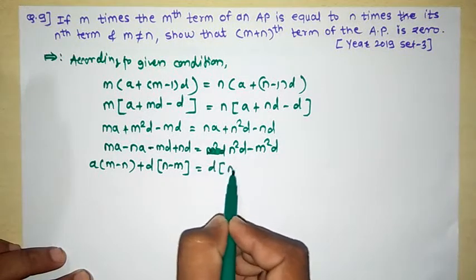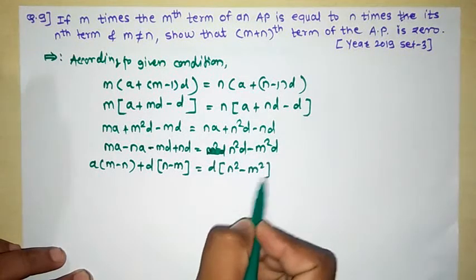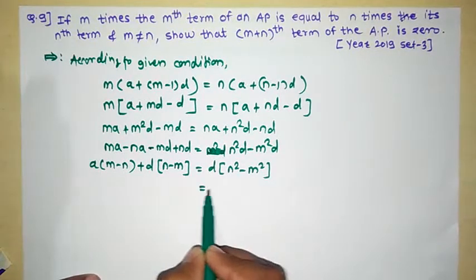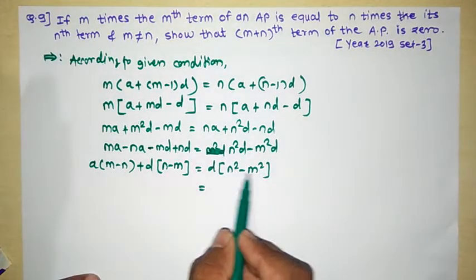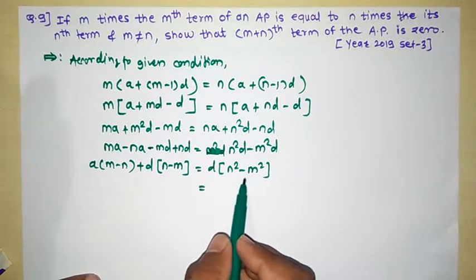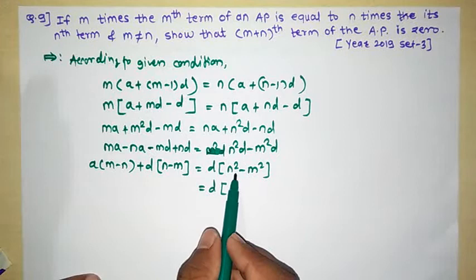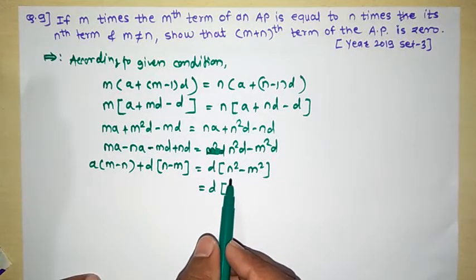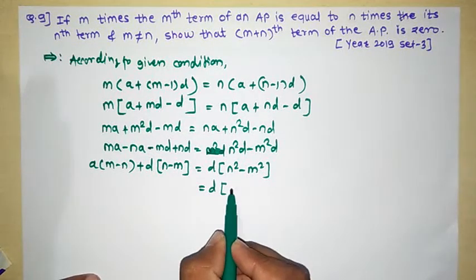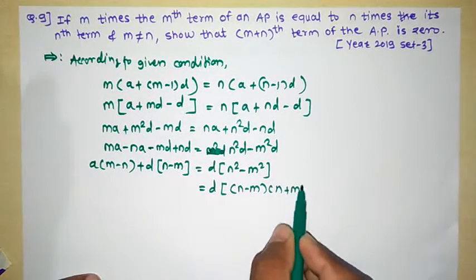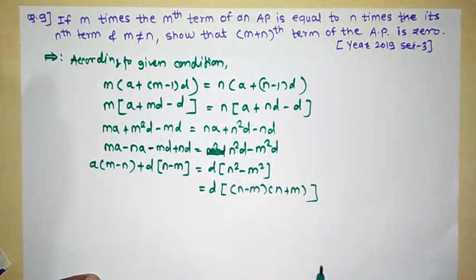In the bracket n square minus m square will remain. Now see here, this n square minus m square is in the form of a square minus b square. Can we split it? In the class we have seen that a square minus b square is equal to a plus b and a minus b in another bracket. Like this, n minus m into n plus m, we can write like this.